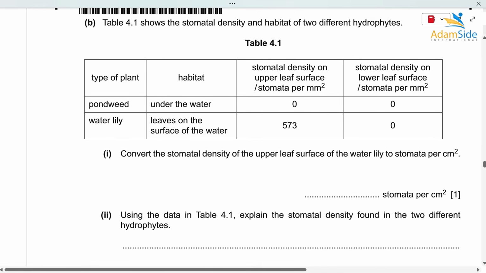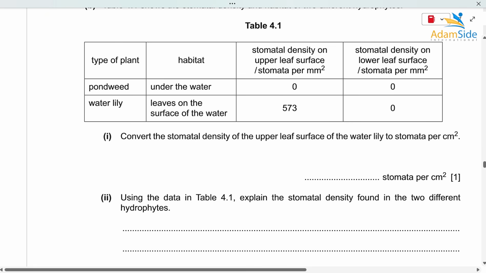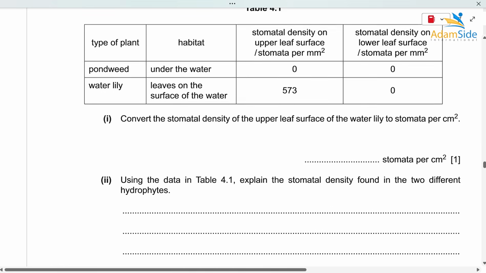Now, convert the stomatal density of the upper leaf surface of water lily to stomata per centimeter squared. We need to know that we are given the data in millimeter squared. Now, in order to convert it to centimeter squared, we are going to square the numbers also. 1 centimeter equals 10 millimeters. Now, if we are changing it to centimeter squared, it means it will be 10 squared, 10 times 10, which will be 100.